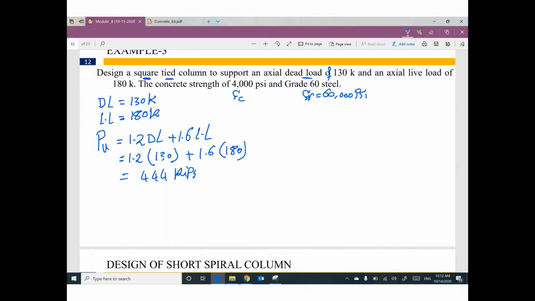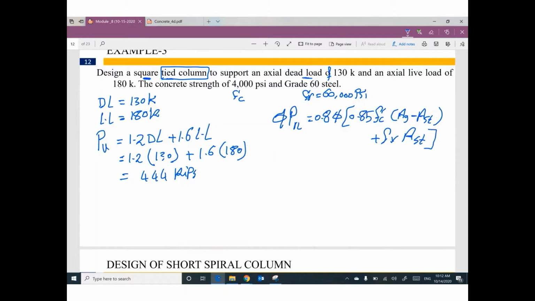We would like to design a tied column. So phi Pn equals 0.8 phi times [0.85 f'c (area gross minus area steel) plus fy times area steel]. Do you remember this equation?